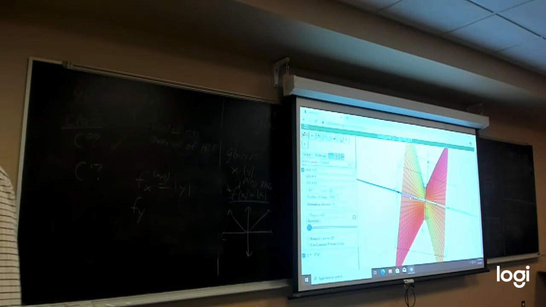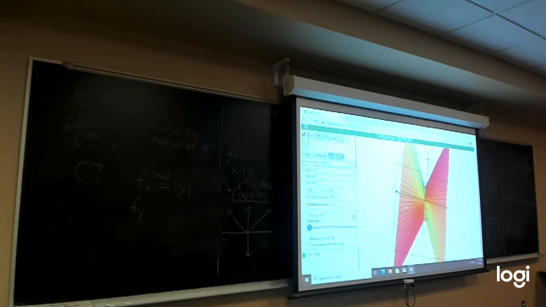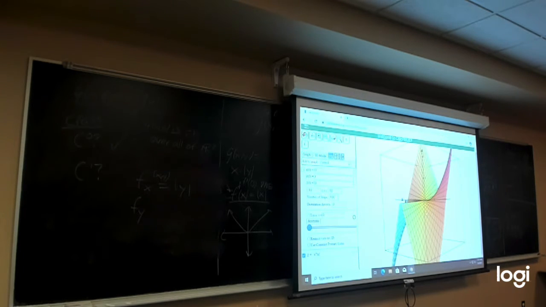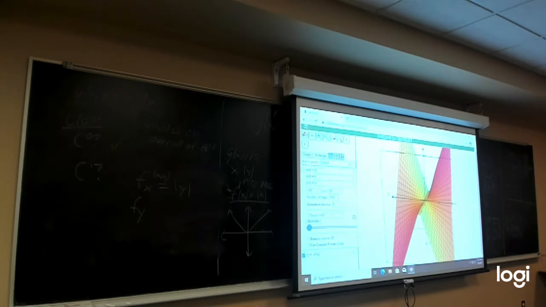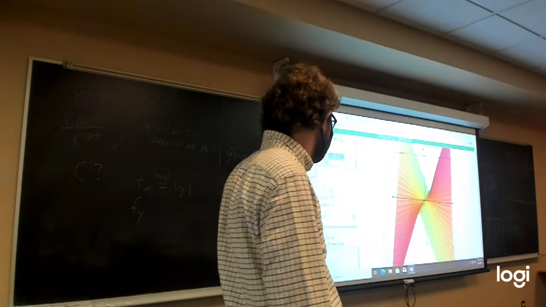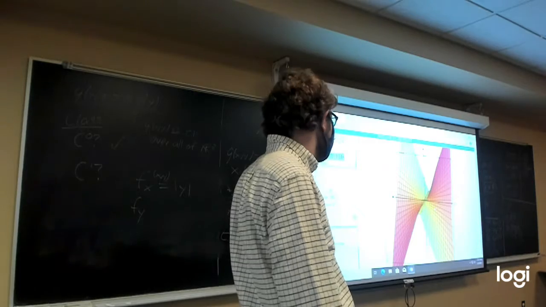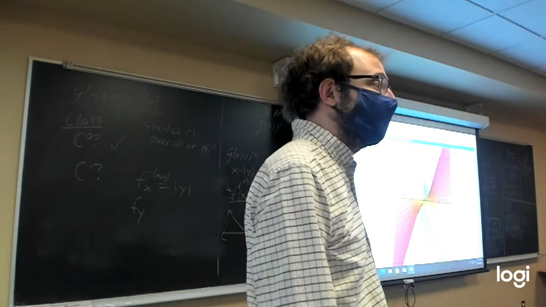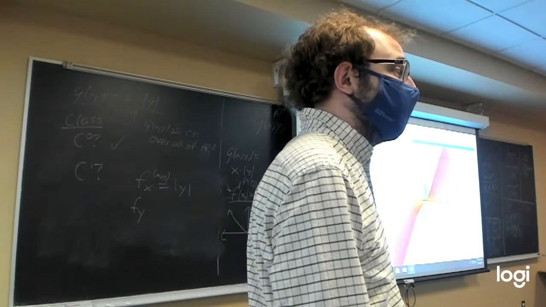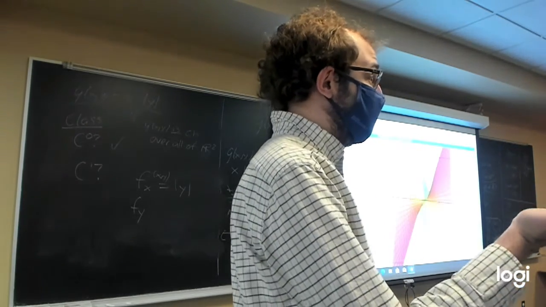Can anybody think of any points, though, other than the origin at which it looks like our slope is not going to be the same, say, coming from the left and coming from the right? Emily? At y equals 0? At y equals 0, x equals what? Or just everywhere along the line y equals 0, would you say?